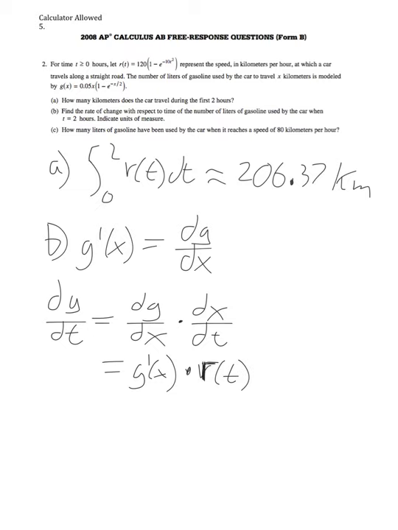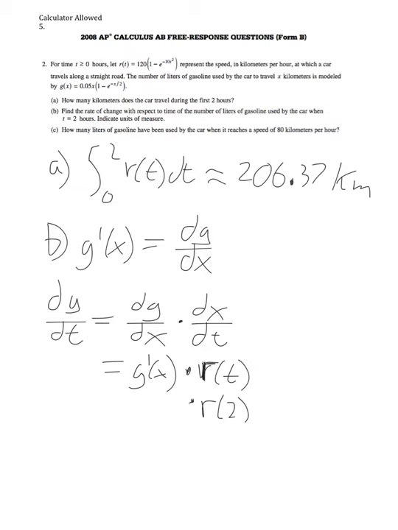So that's no problem because I can find r of 2. Just plug that in on my calculator. But then I can't plug in 2 for this x. Again, units super important because this is a t, time, and that's an x, kilometers. But fortunately, I know how many kilometers we go in the first 2 hours. I go this many.